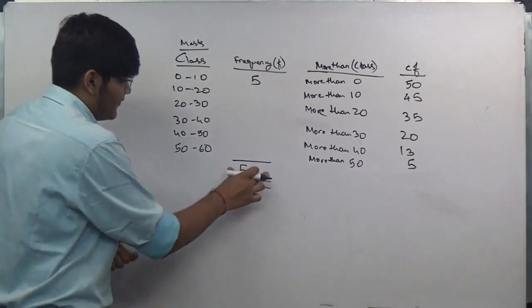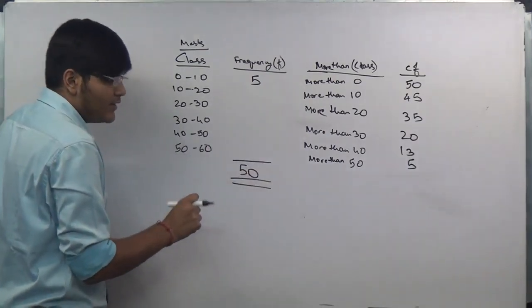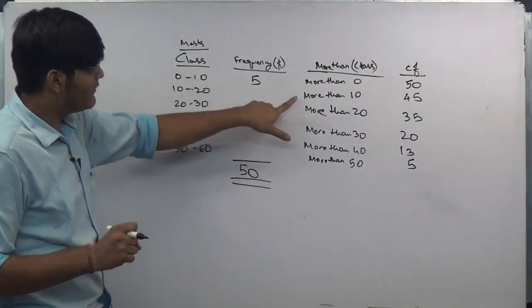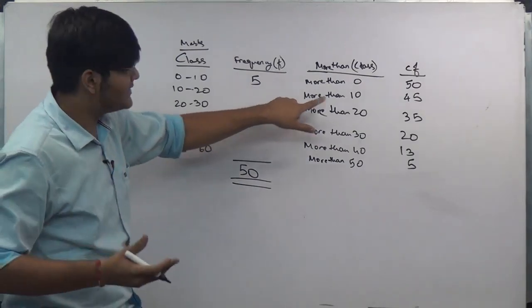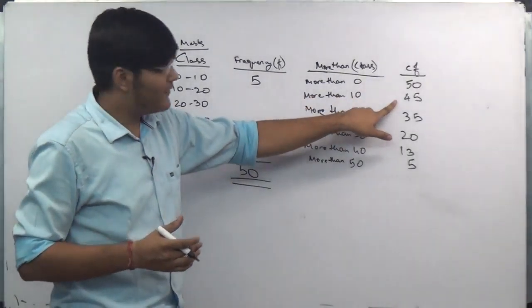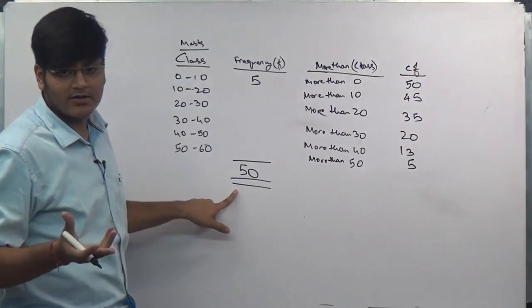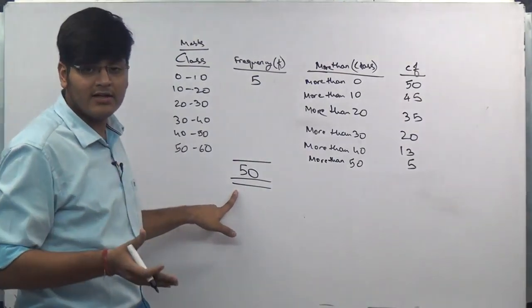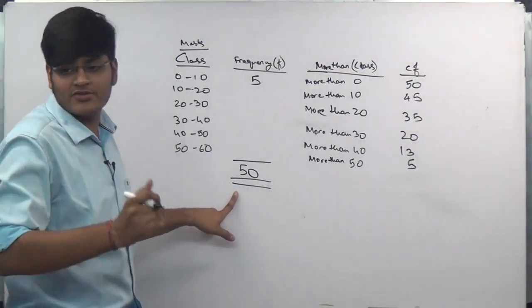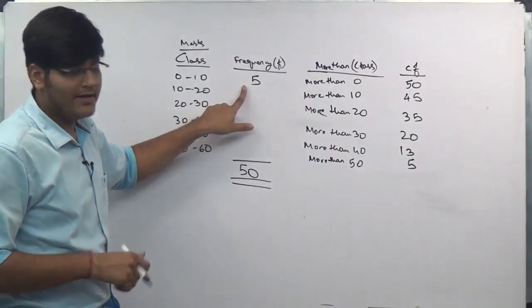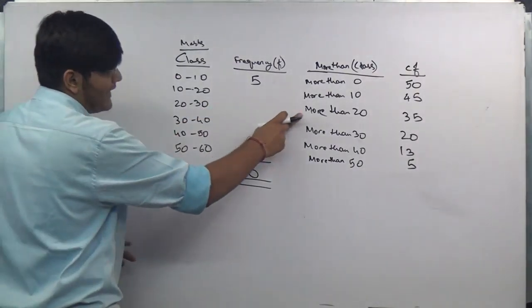Again, 50 is the total number of people. Minimum marks is 0. Whatever we have been given is more than 10, that is 45. So if we subtract these two, we will get the number of people who have scored below 10, and the least they have scored is 0. So 0 to 10, 5 people. Next, more than 20.